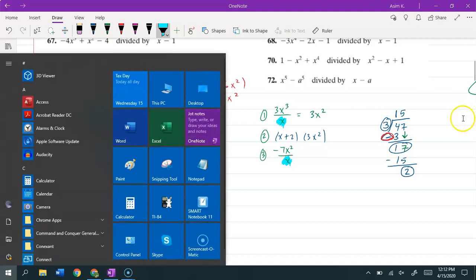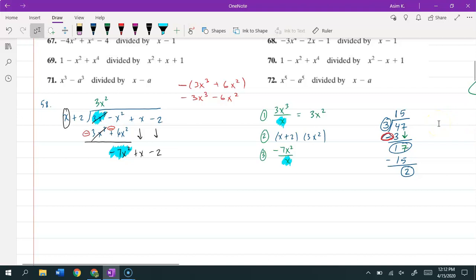So just keep track of where we're at. The answer you should get, by the way, is negative 7x. So you can now go to the quotient and put negative 7x right there.